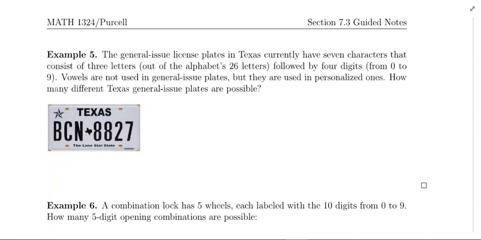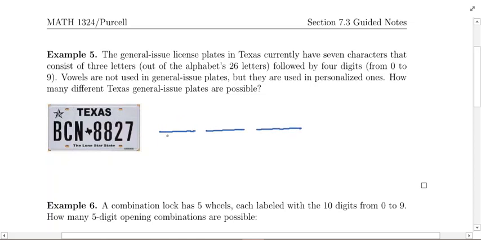So we're trying to figure out, based on this information on how Texas general issue plates are put together, how many different plates are possible. So we're going to put down our blanks, 1 blank per character. So I'm going to draw some blanks here. We have 1, 2, 3 blanks for the 3 letters.